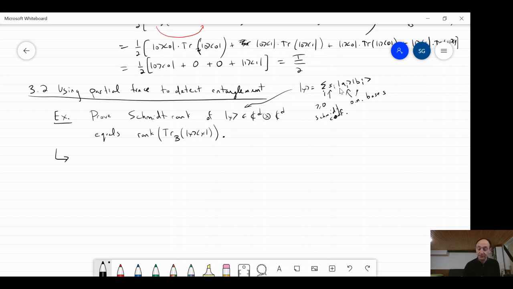Once you believe this, then if you want to check if a pure state is entangled, there is a way you can do it, say in Mathematica or your favorite package.